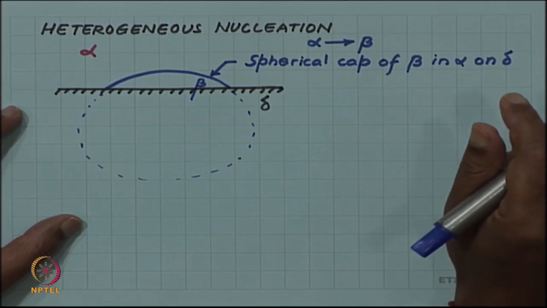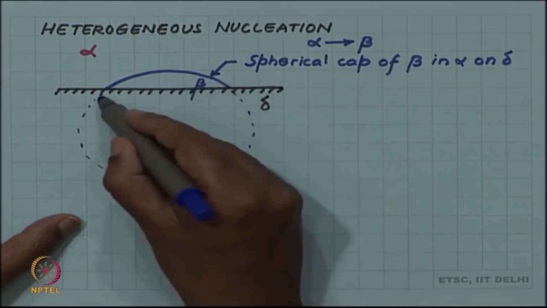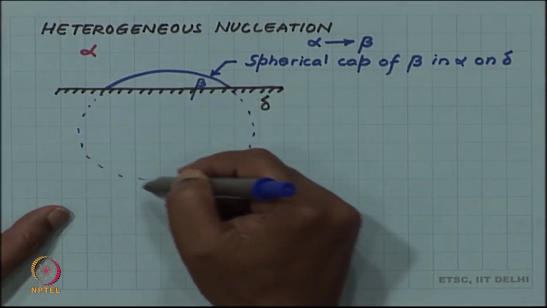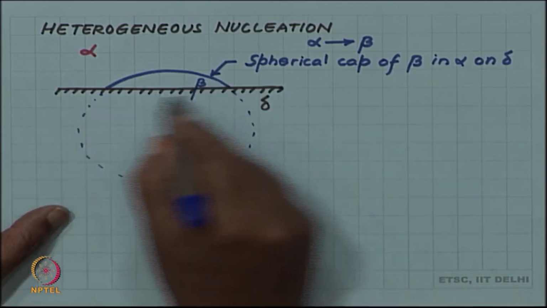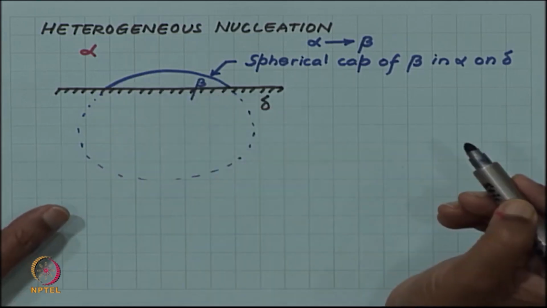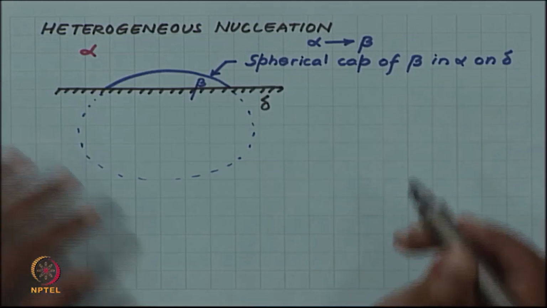By spherical cap I mean that the alpha beta surface is spherical, and I have tried to draw the entire sphere here. You can see that this sphere is cut by the surface of delta. So, only a small portion of the sphere, and that is what is spherical cap, is acting as the nucleus.